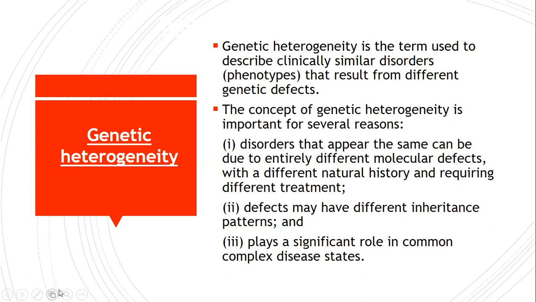For example, a disorder can be transferred to an individual as autosomal dominant or as familial inheritance or due to environmental influence, or a single disorder can be transferred as autosomal dominant, autosomal recessive, etc. So there are multiple disorders which you will see in the text which show the phenomenon of genetic heterogeneity.